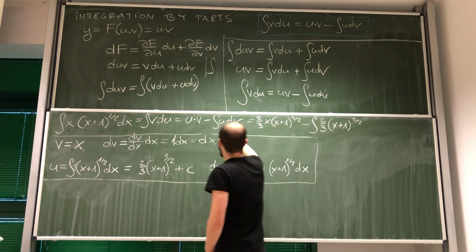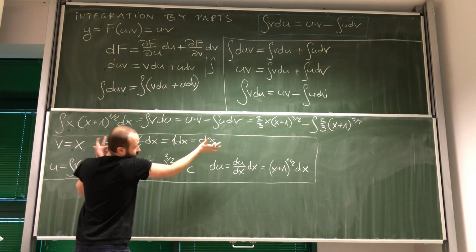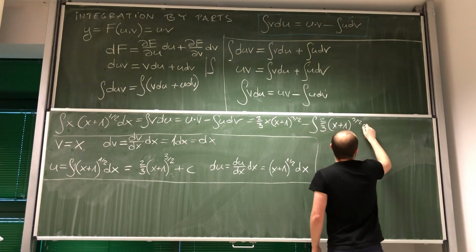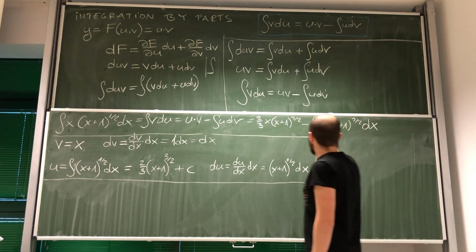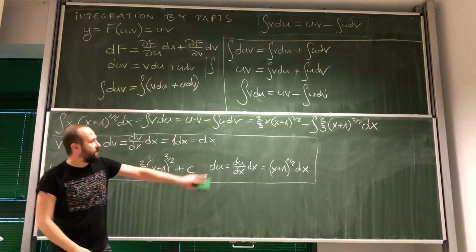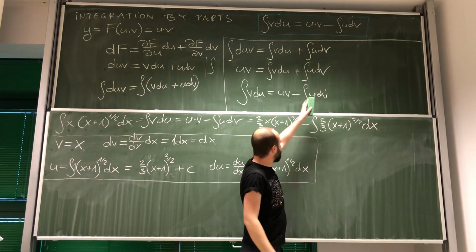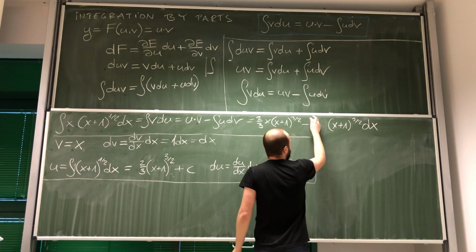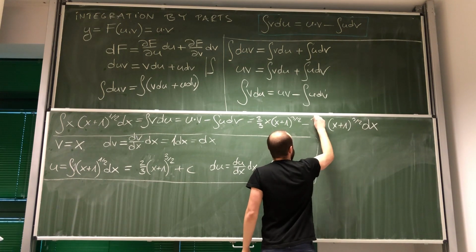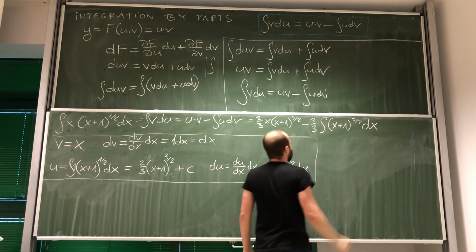Now, instead of dv, we write dx, which makes things very simple over here. Okay, look, I'm going to do one more thing here. I'm going to take this 2 over 3 out of the integral sign, so before the integral sign.